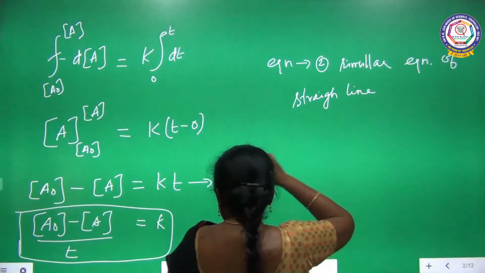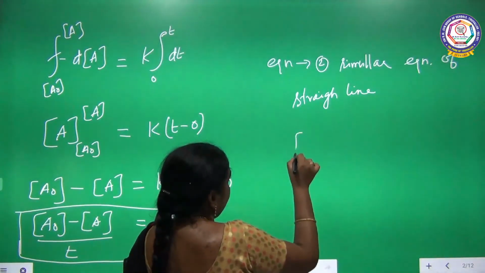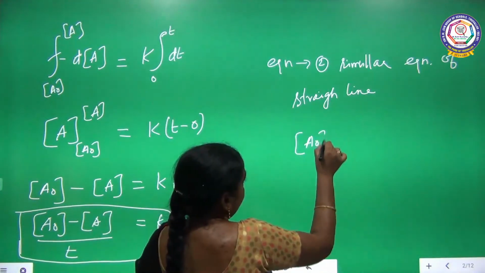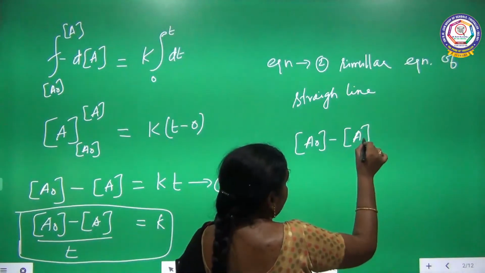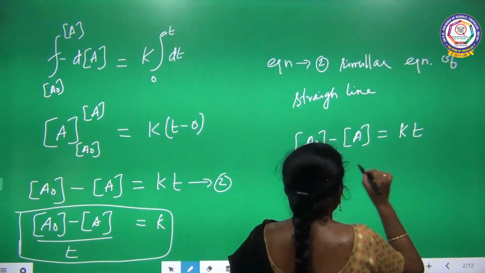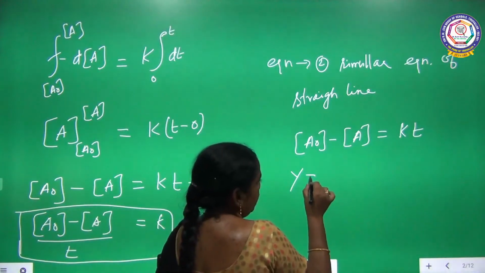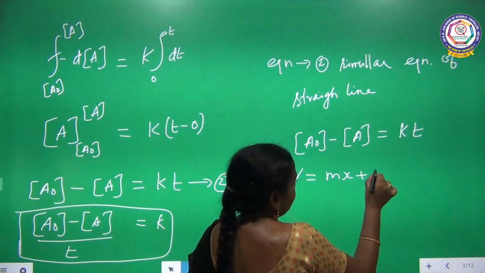So now you can draw a graph. A0 minus A equal to Kt, the straight line equation is y equal to mx plus c.